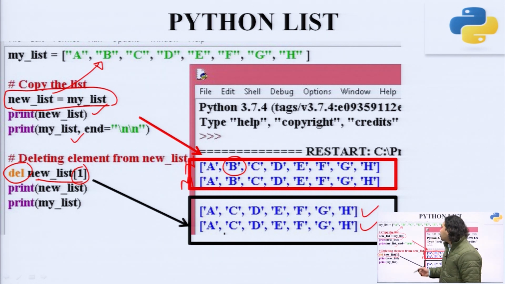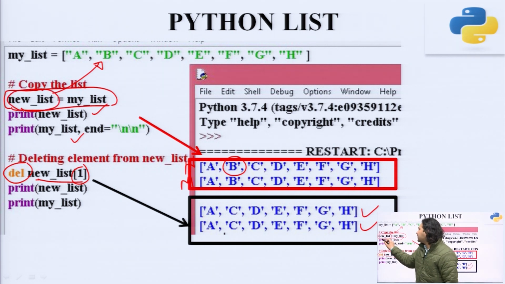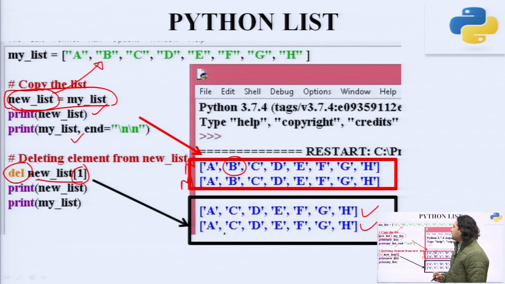That means both names are representing one data set. The same principle applies here: the new data is referring to the old data. That means the new data is nothing but the alias of the older data, and due to this the original data can be accessed from the new data as well as from my data, that is the older data.